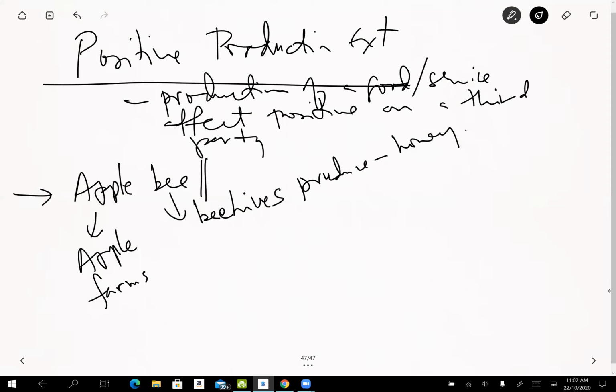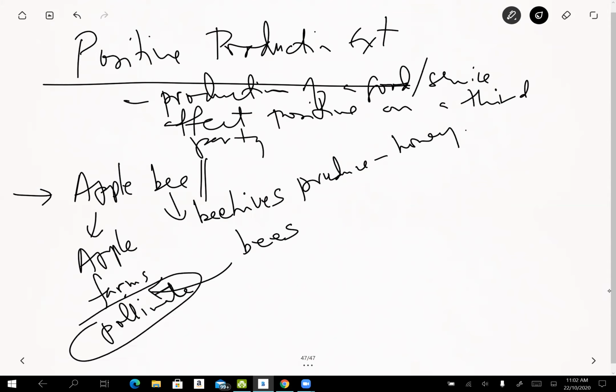That is the positive. The bees will pollinate the apple, so you will get higher production of apple. So this is an example of a positive production externality.